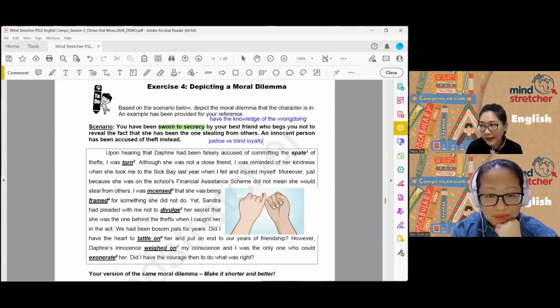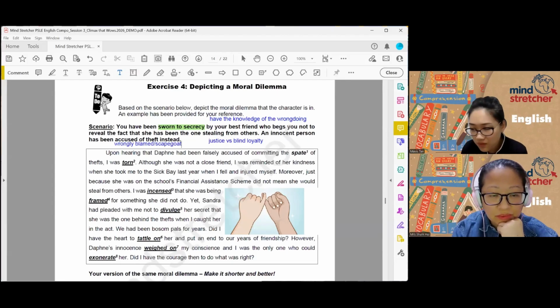But we put blind here because actually it's no good. It will come back to bite you, okay? How can you defend someone who is hurting others? No. So this accused person who is wrongly blamed is going to be the scapegoat of sorts, okay? We want to stand up for this person.